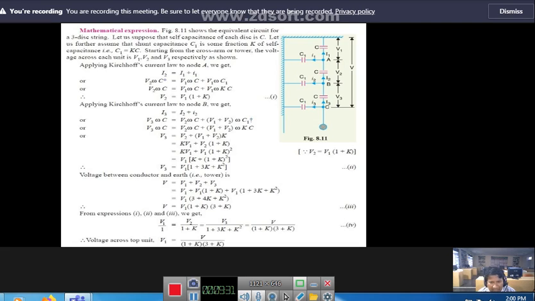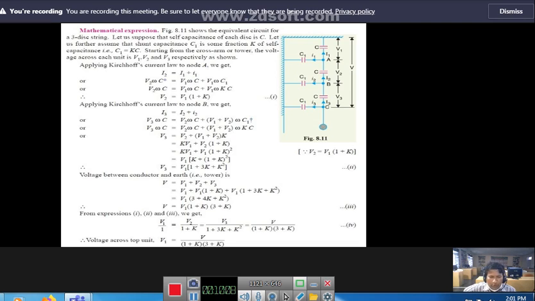Taking omega C common and cancelling, V3 equals V2 plus (V1 plus V2) K, which is V1 K plus V2 into 1 plus K. Putting V2 as V1 into 1 plus K, V3 is equal to V1 into 1 plus 3K plus K square. Take this as equation 2.